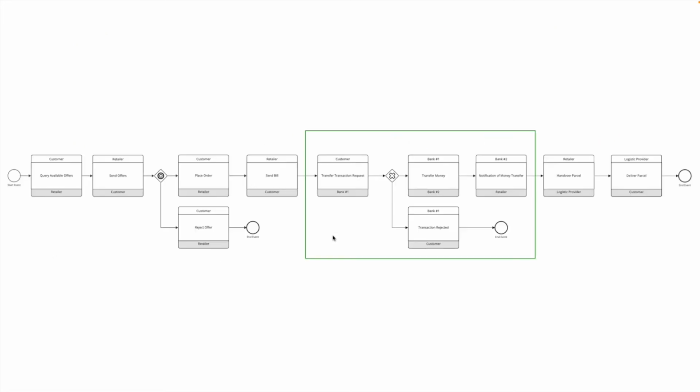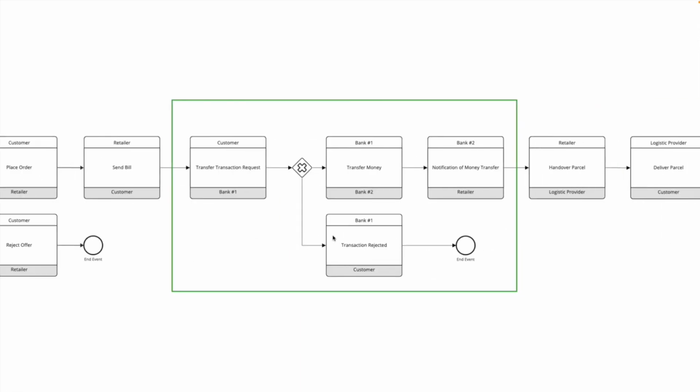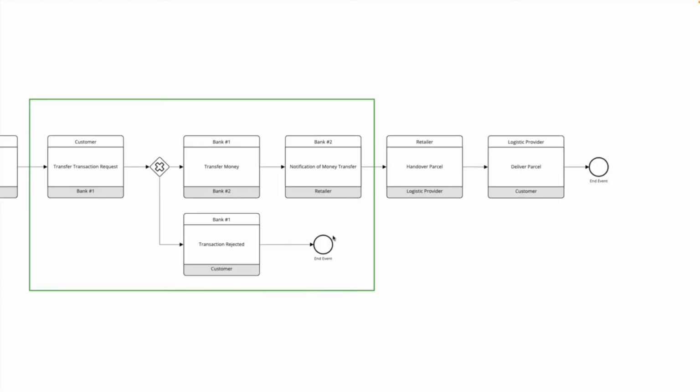However, let's imagine that we've added some more parties to the process. Now we have the banks, where the customer and the retailer pay each other through their own bank. So we have two banks, one bank for the customer and one bank for the retailer. So how do we solve this?